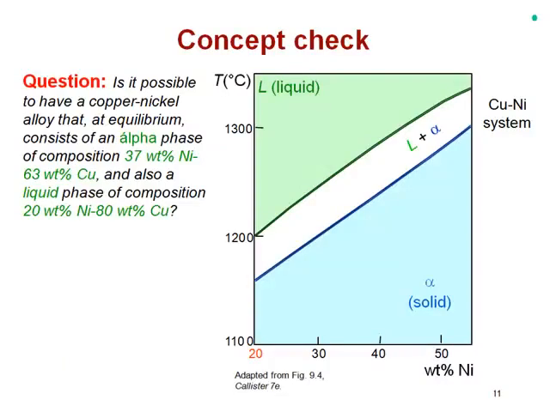Question. Who can answer this question? Is it possible to have a copper-nickel alloy that at equilibrium consists of an alpha phase of composition 37 weight percent nickel, and also a liquid phase of composition 20 weight percent nickel?